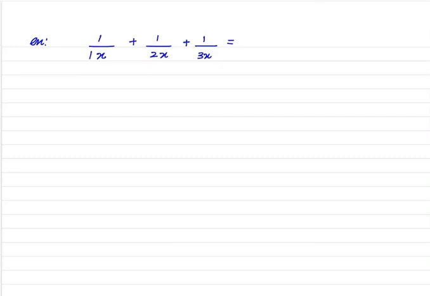Now, how to do that? To match the numbers, 1 is multiplied with 2 and 3. So do the same thing here. That's the theory part. 2, you are going to multiply with 1 and 3. So you do the same thing here. 3, you are going to multiply with 2 and 1. So you're going to do the same thing here.